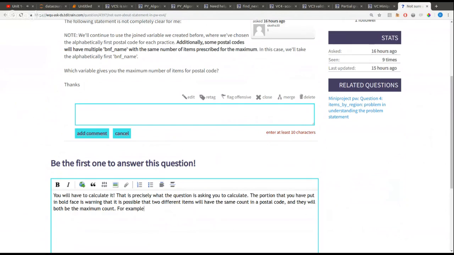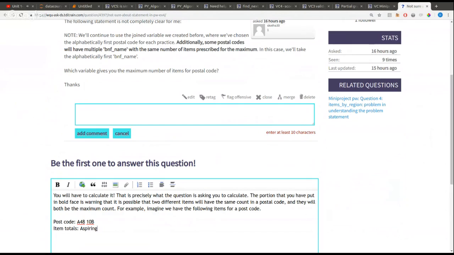For example, imagine we have the following item totals for a postcode. Postcode A10B. Item totals.